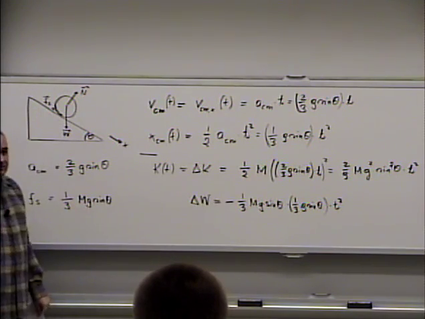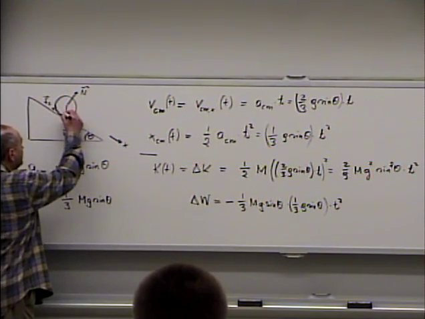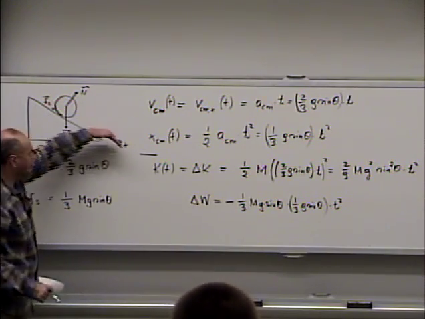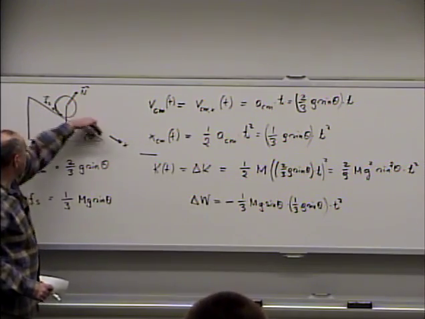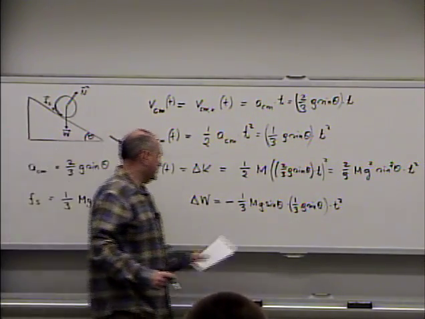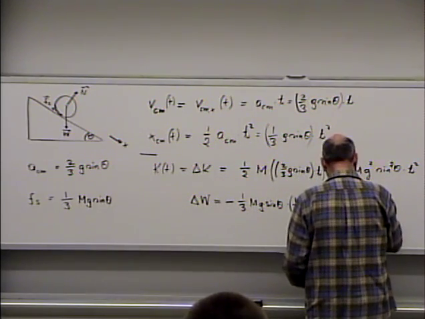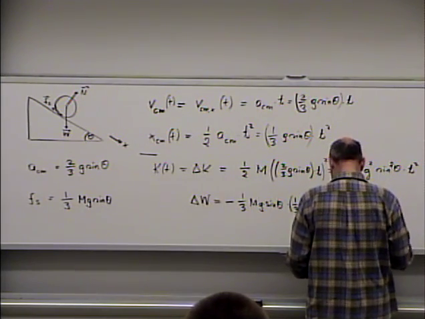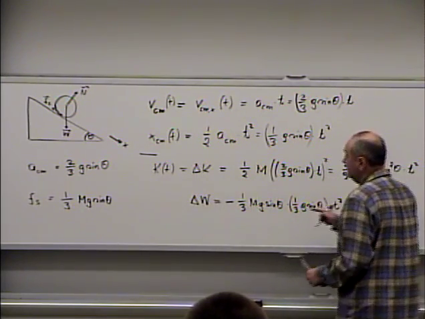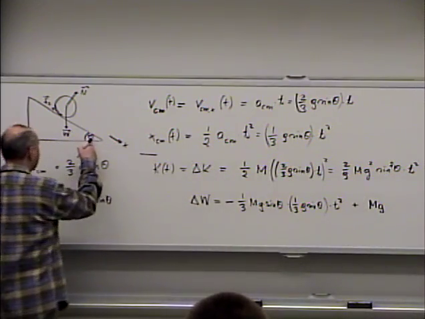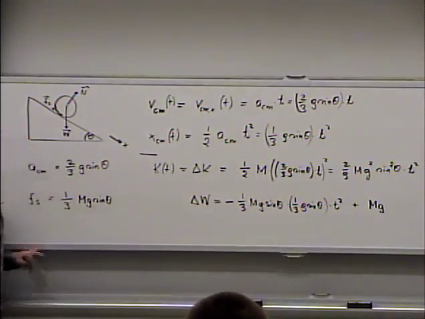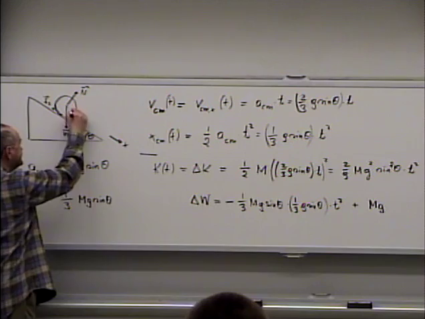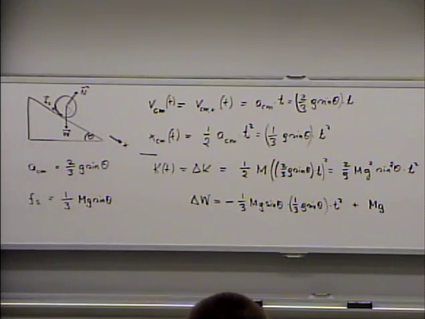So when I calculate that work, I just take the component of the gravitational force along the x direction, because the displacement is in the x direction. So I will have mg, and consistently with this angle over here, in principle I should take the cosine of the angle between the displacement and the force.